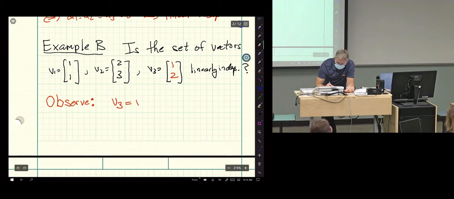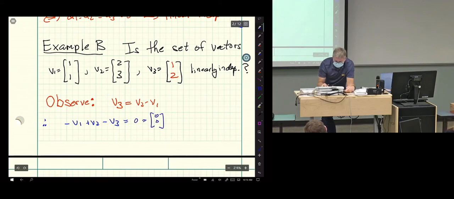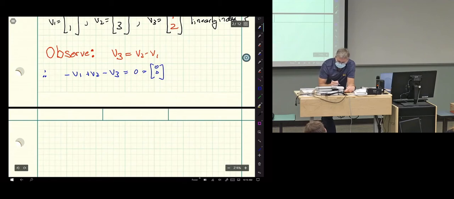It's just equal to V2 minus V1. So conclusion: if I write this out, I have minus V1 plus V2 minus V3 equals the 0 vector in R2. And so these vectors are linearly dependent.